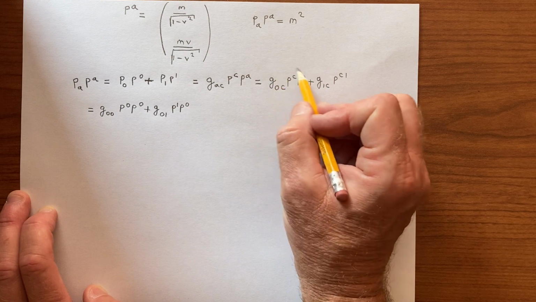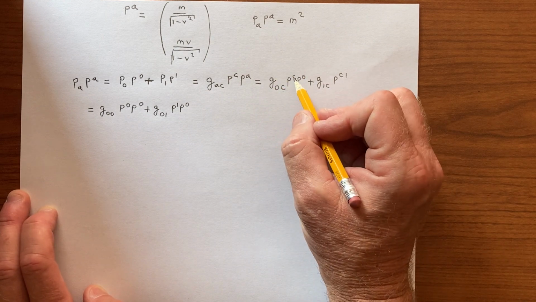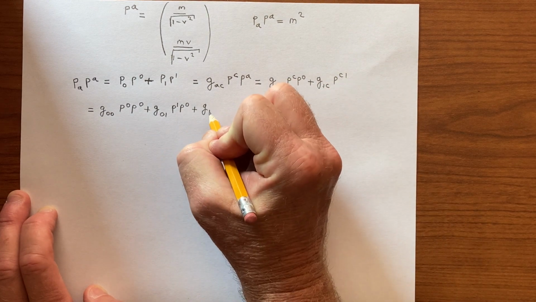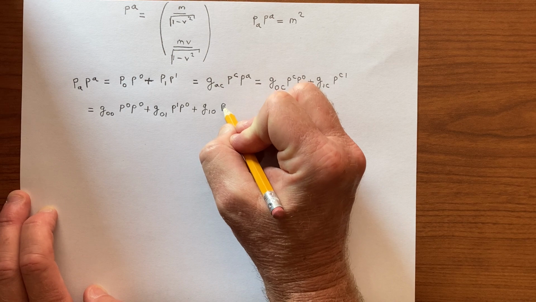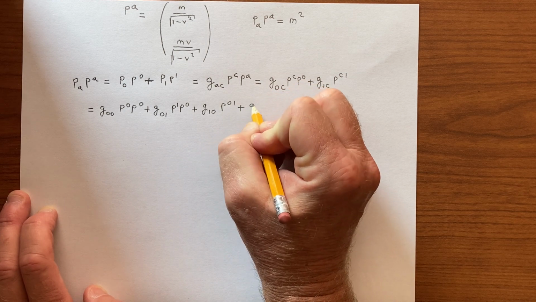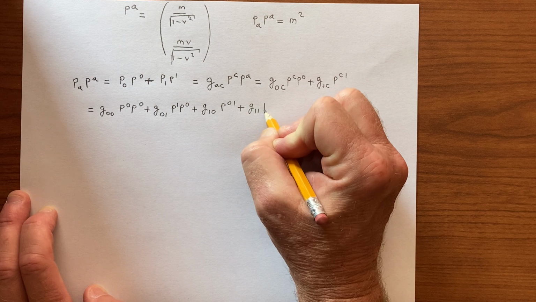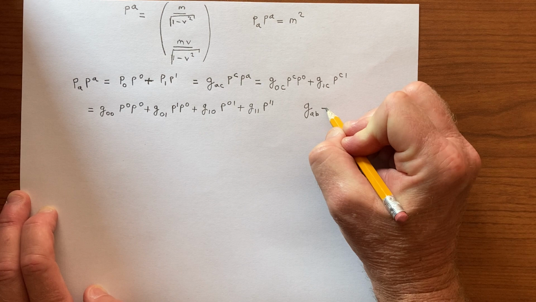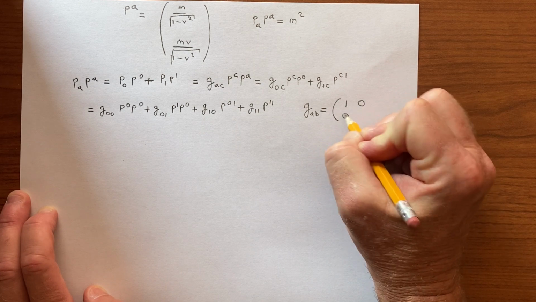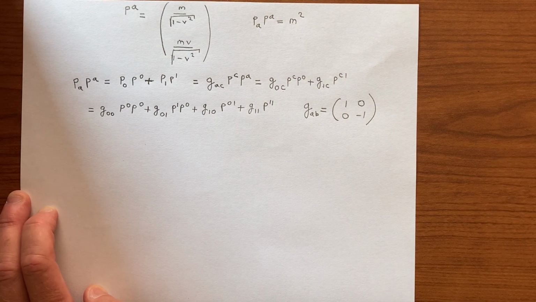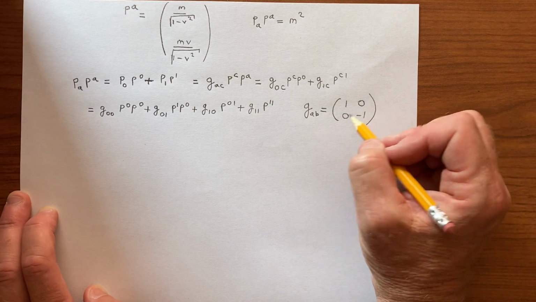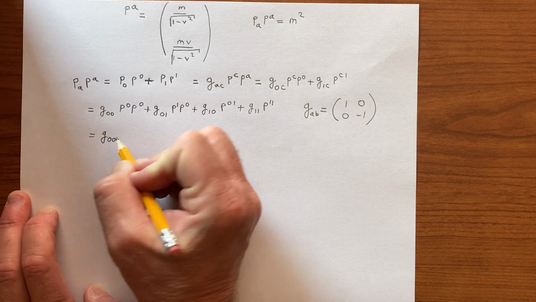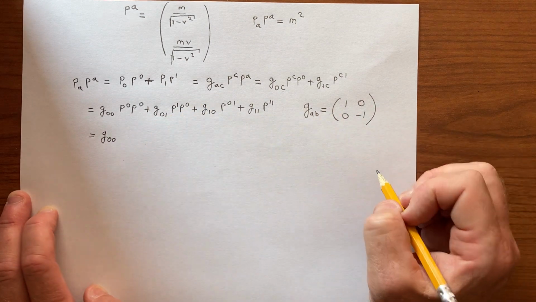So we've evaluated this out, we just summed over C, and now we do the same thing here, plus G_{10} P^0 P^1, plus G_{11} P^1 P^1. And of course, we remember that this object, the metric, is diag(1, -1), you can write it like that, and therefore it has no cross terms. So all we have here are the G_{00} and G_{11} terms.